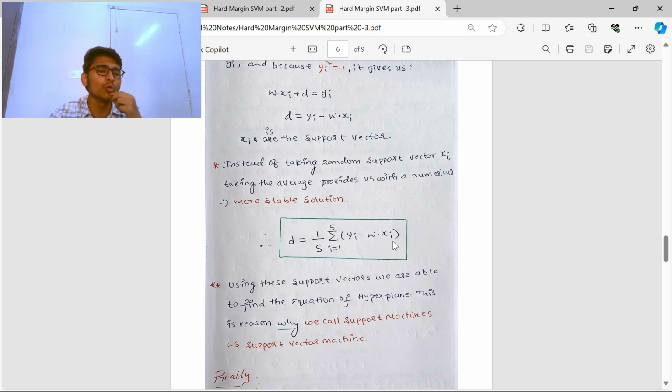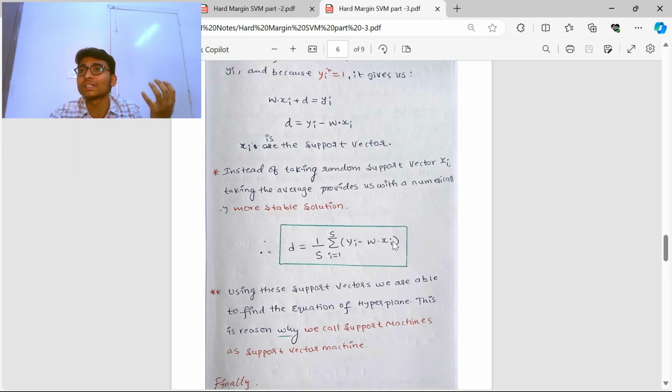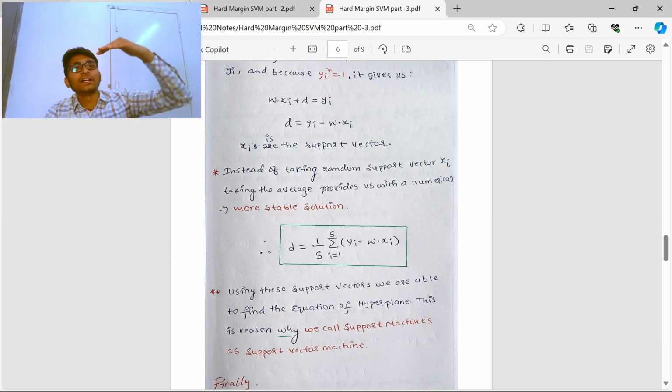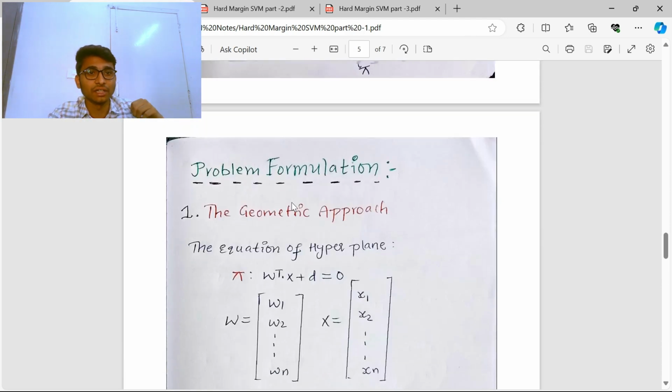Now you may have the question, how do we get the support vectors? What are support vectors, guys? Initially, the support vector machine will randomly initialize the values of w, and it will have the hyperplane equation. Let me show you this figure.